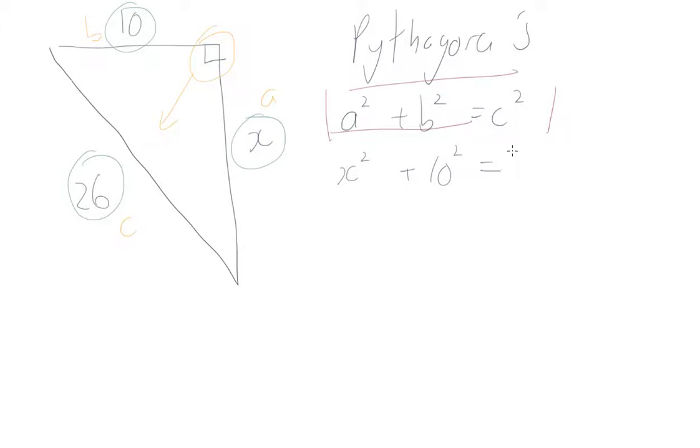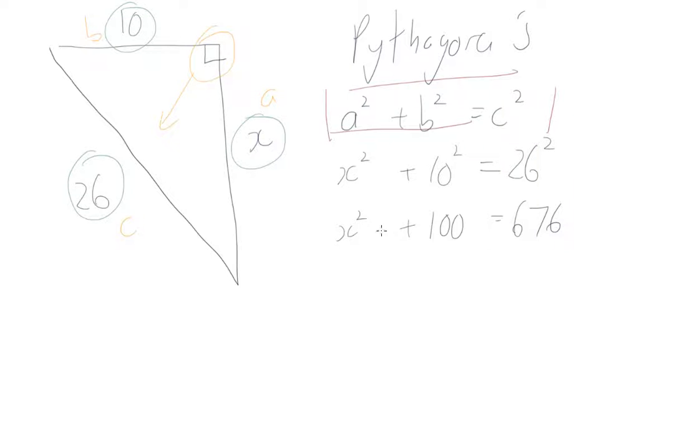C is 26 squared. Doing a bit of simplifying, x squared is going to stay as x squared. 10 squared is going to be 10 by 10, and 10 by 10 is 100. And 26 squared, I don't know what that is, so I'm going to put that into my calculator. And 26 squared comes out as being 676.